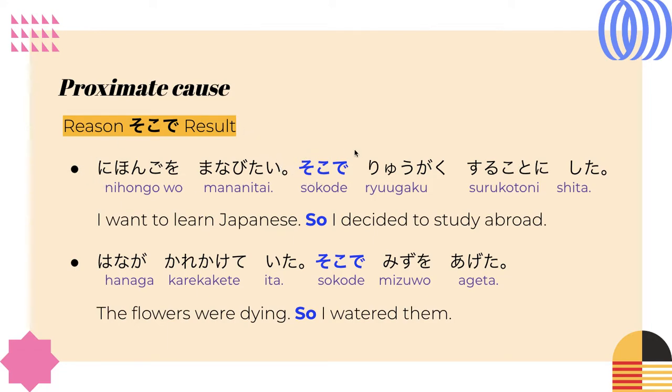And then inserting そこで, it ends with the result. So, because I wanted to learn Japanese, I decided to study abroad. So, very simple: reason, そこで, result.